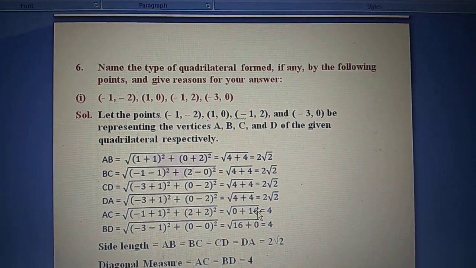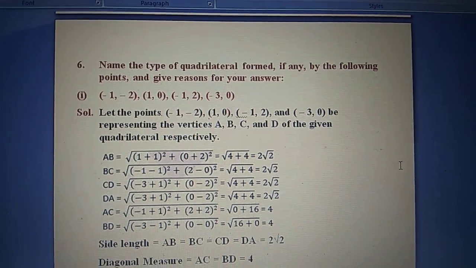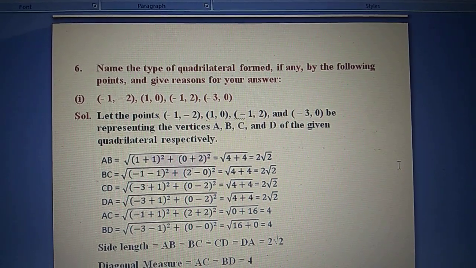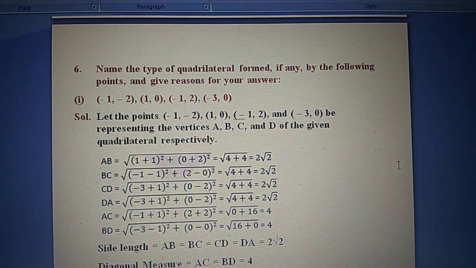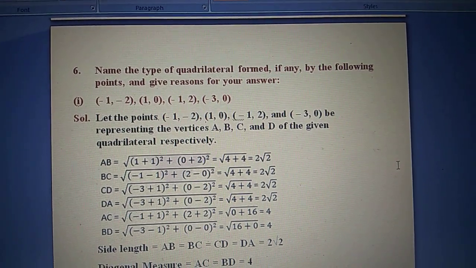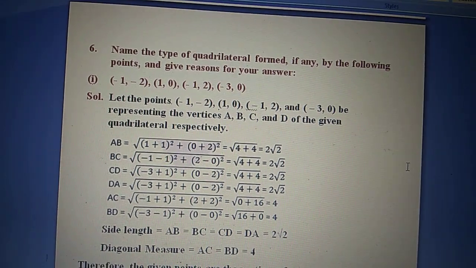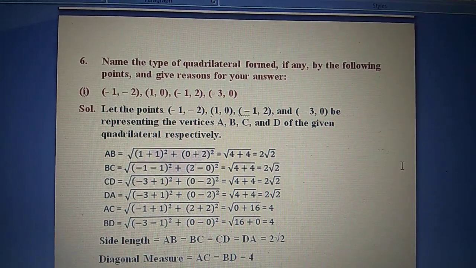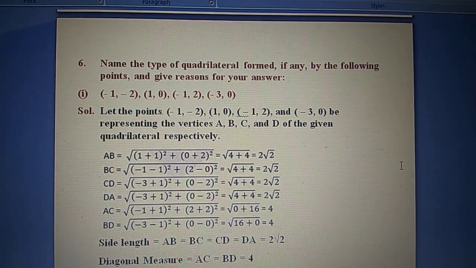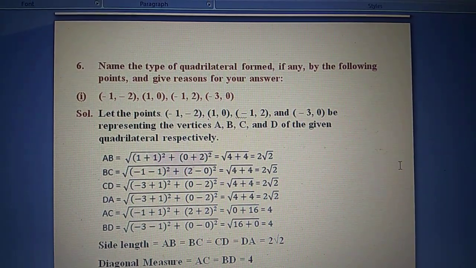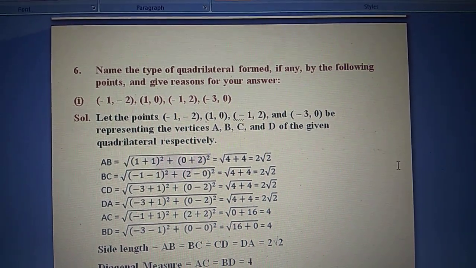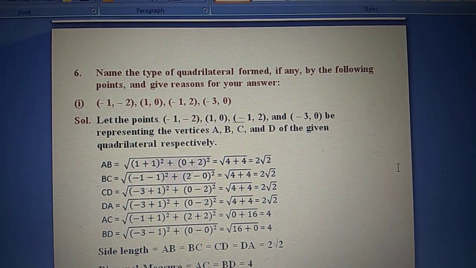If we find the diagonals and the diagonals are equal, then it is a square, but if the diagonals are not equal, it is a rhombus. That is, a quadrilateral having all 4 sides equal and diagonals not equal to each other is a rhombus, whereas a quadrilateral in which all 4 sides are equal as well as the diagonals are equal is a square. We are given the coordinates and we have to find which type of quadrilateral it is.